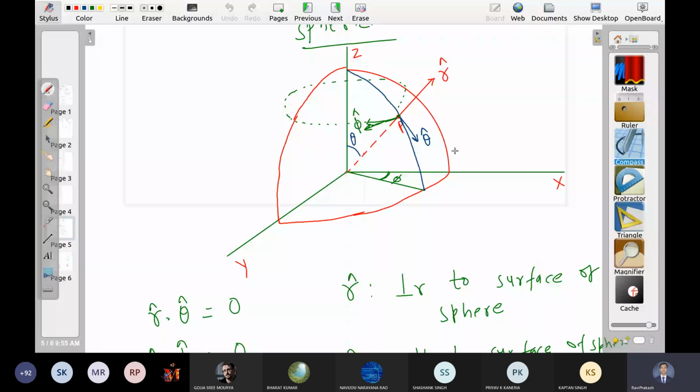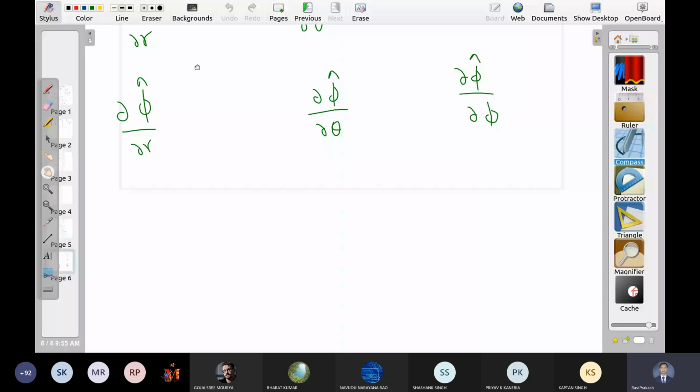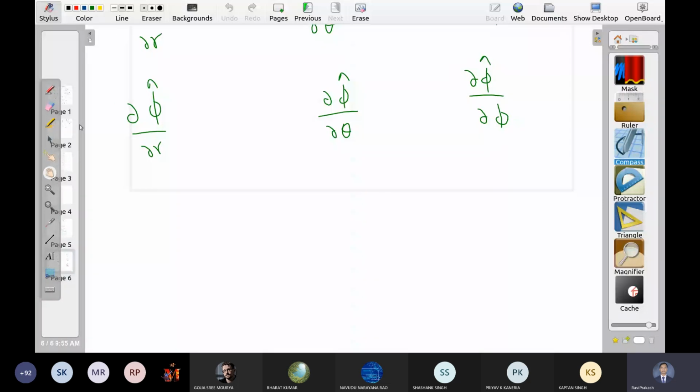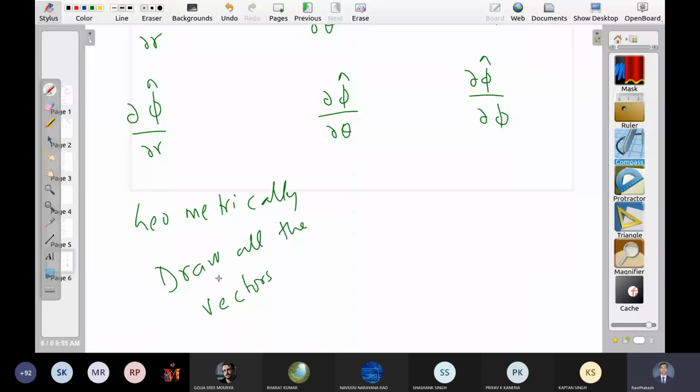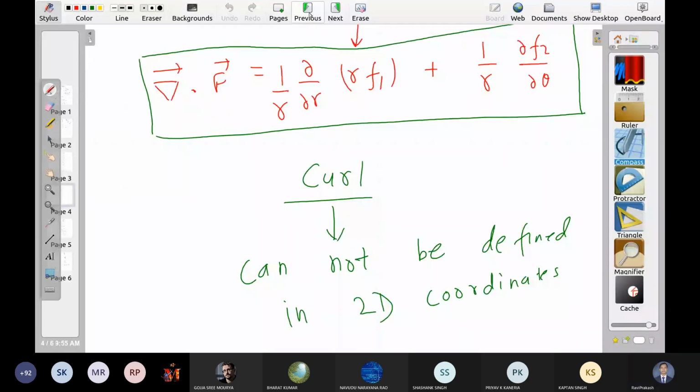Second method is, so first method is geometrically, draw all the vectors and find their difference. Second is mathematically. Mathematically means, as we have done here, something like this here.